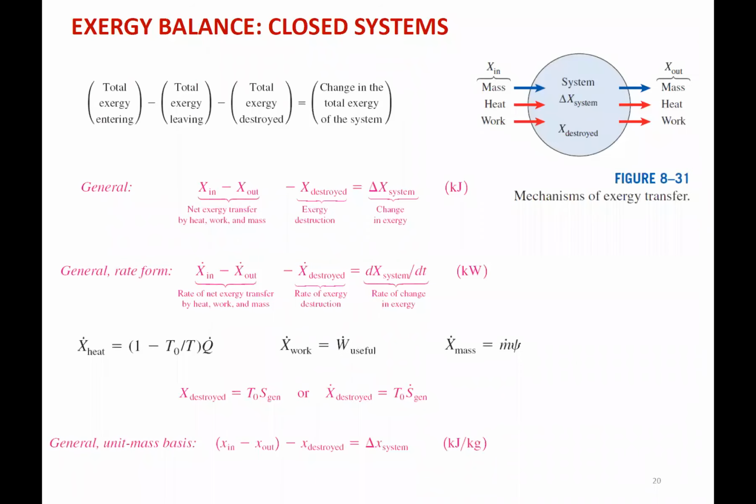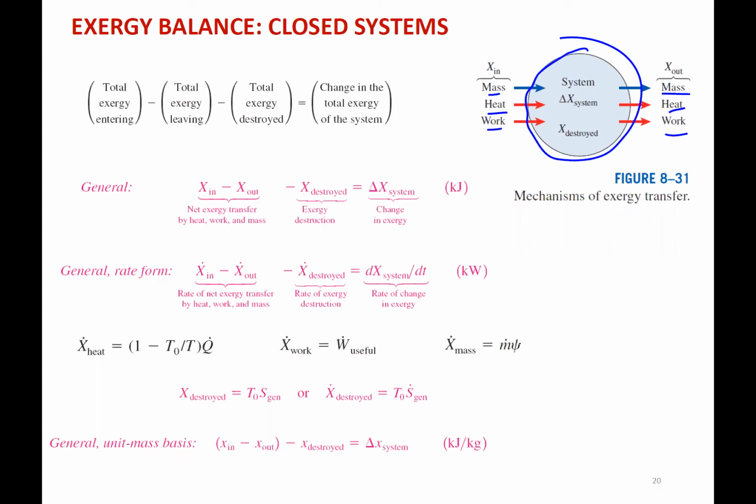All right, so let's put all this together and create an exergy balance. Okay, so we have a closed system. Let's first set up our system. It's this nice circle, right? We can have mass, heat, work going in. We can have mass, heat, work going out, although it's a closed system, so we can't really have mass, but we're generalizing for now.